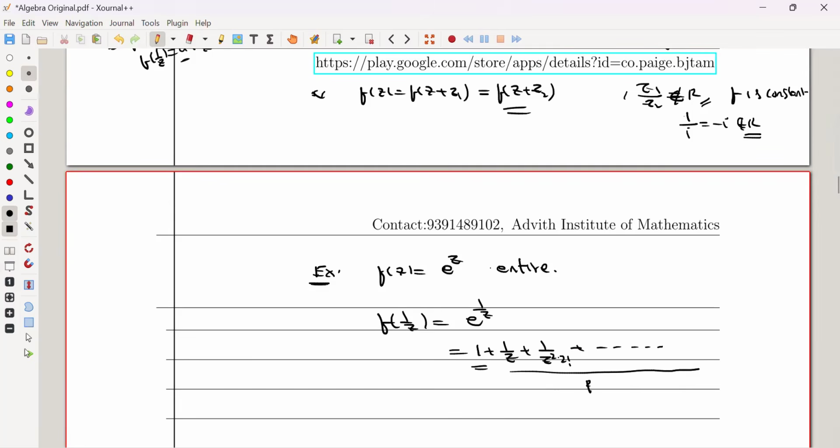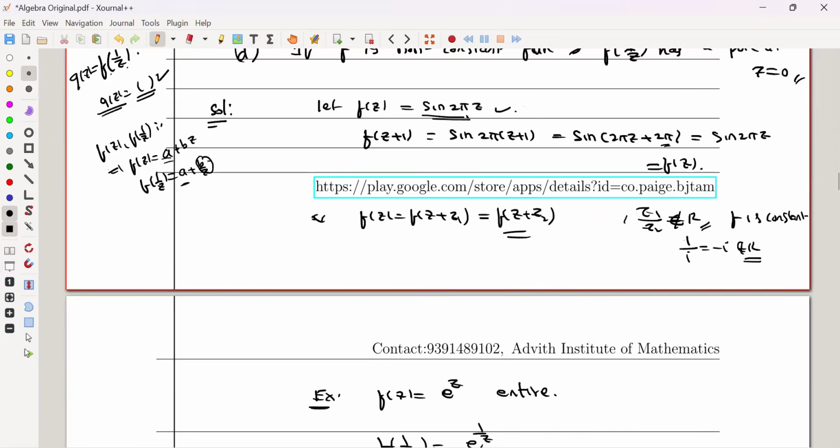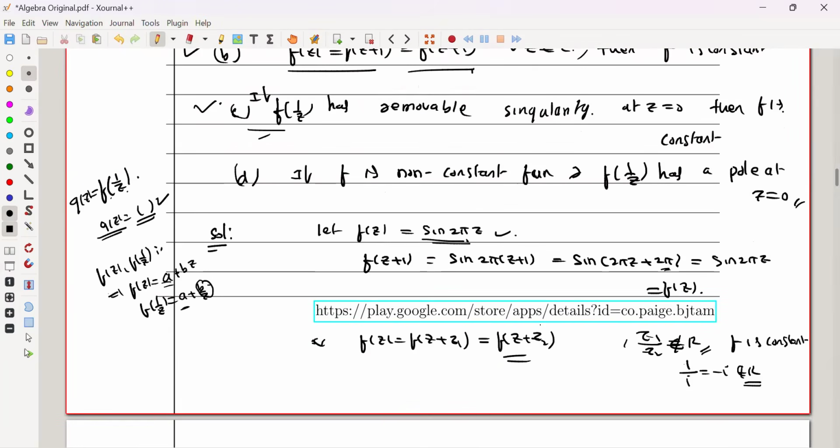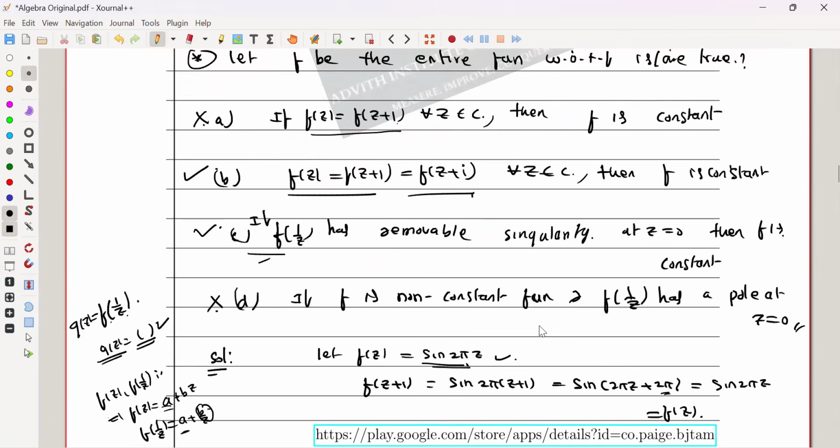So it is not a pole; z equal to 0 is an essential singularity. Therefore, option D is false. So options B and C are correct. Okay.